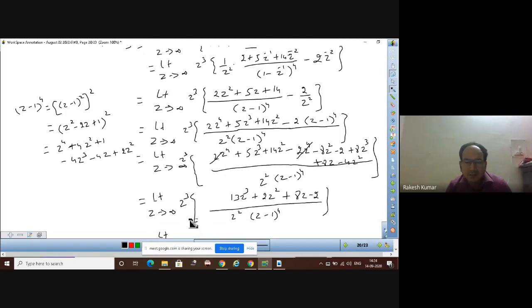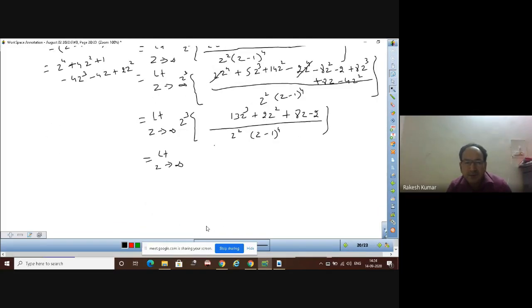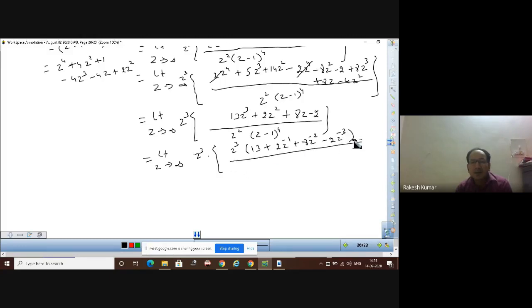So you just need to remove this term, and the remaining terms are as it is. Now you can simplify it more. That is z cube is there, and z cube can be taken common from the numerator, that is 13 plus 2z inverse plus 8z power minus 2 minus 2z power minus 3, and in the denominator z square is common, z power 4 is common.